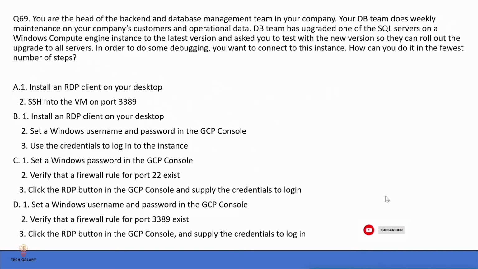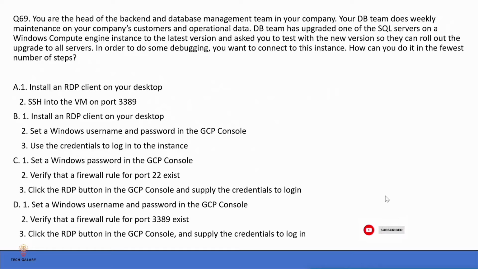In this option, it just suggests to install RDP client and set the username and password. So setting the username and password will allow access, but we also need to set up a firewall rule for port 3389 for RDP. So in this option, since we are not setting the firewall, this is not the correct one.